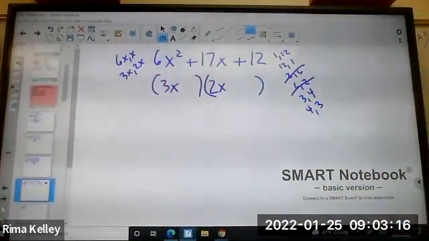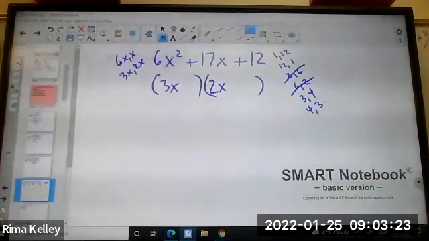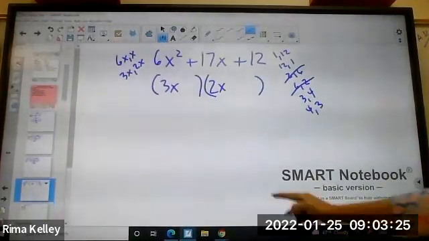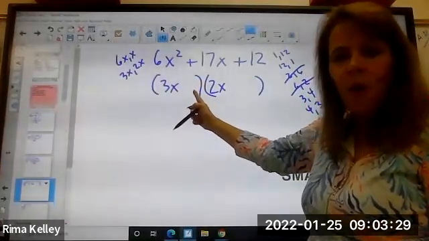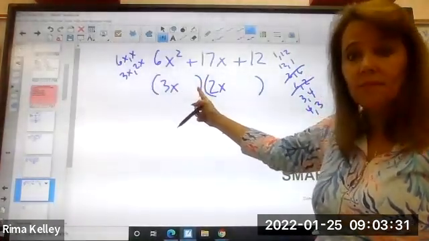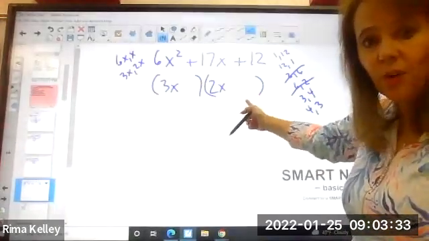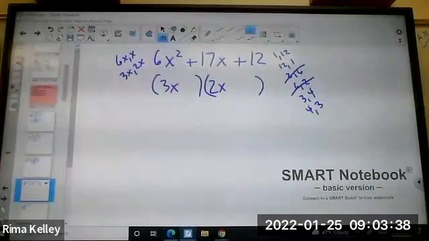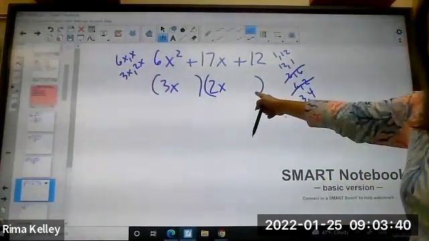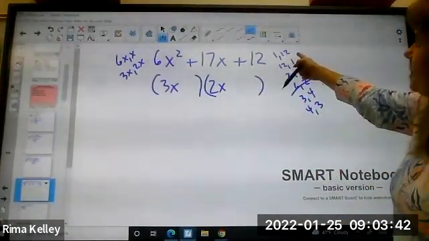All right, now the next thing, what I said was the greatest rule ever, says you can't have a common factor in your binomial. So what that means is if this is a 3, then 3, 6, 9, 12, all those numbers can't be there. And if this is a 2, then 2, 4, 6, 8, 10, 12, all those numbers can't be there. So 1 and 12.